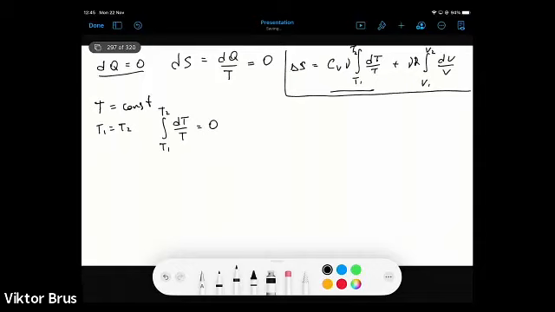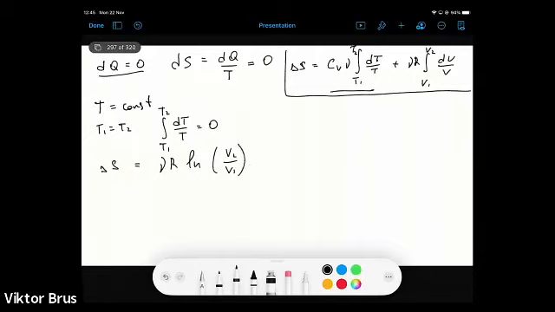So in this case, only the second term matters, and change in entropy during isothermal process can be represented by nu times R times natural logarithm of V2 divided by V1.